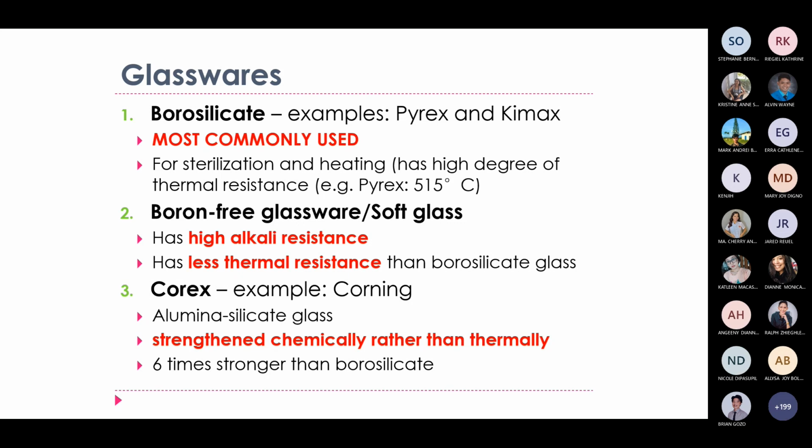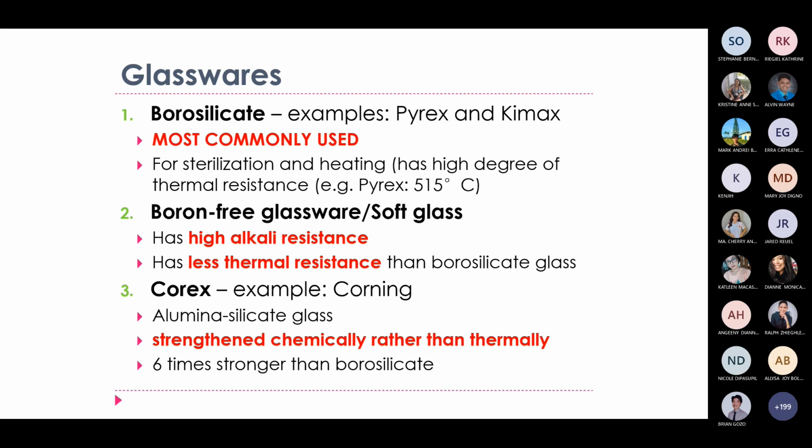Okay, for boron-free glassware or soft glass, it has high alkali resistance. So when the basic solutions are more concentrated, or the alkali content of a chemical is high, you can use boron-free glassware. And it has less thermal resistance than the borosilicate one.